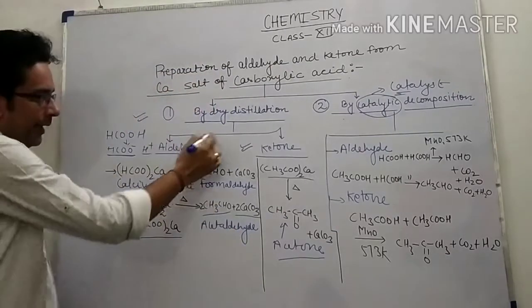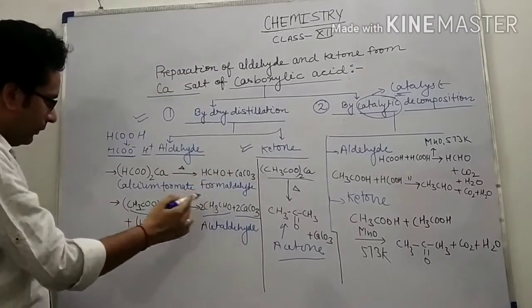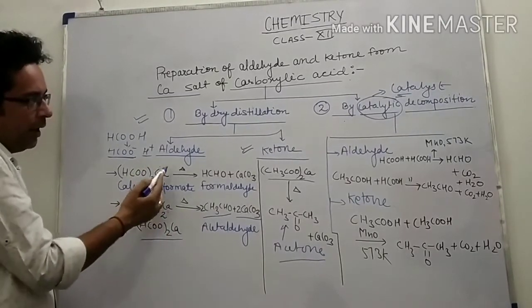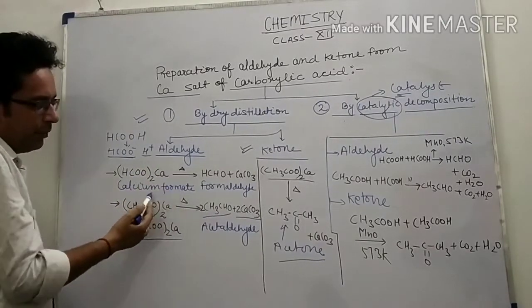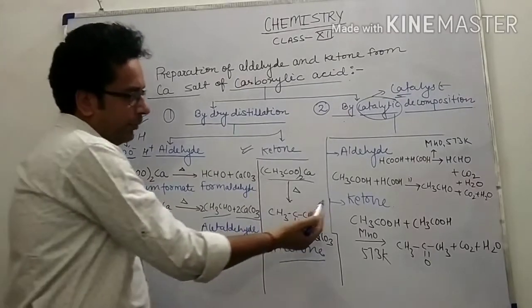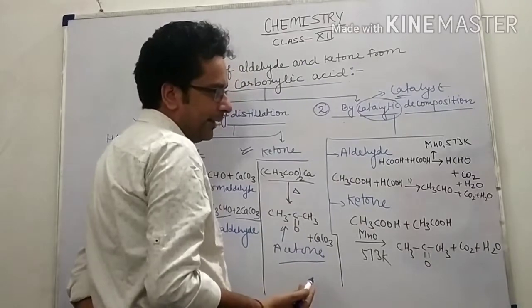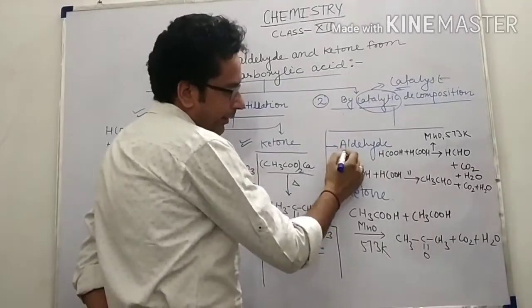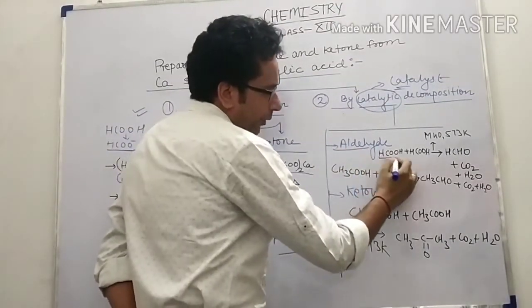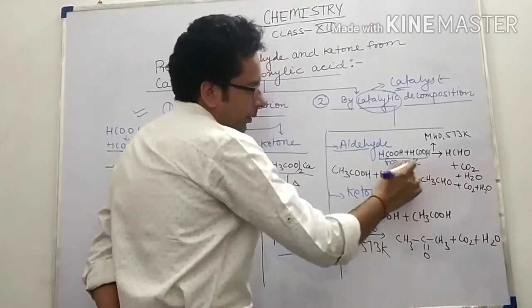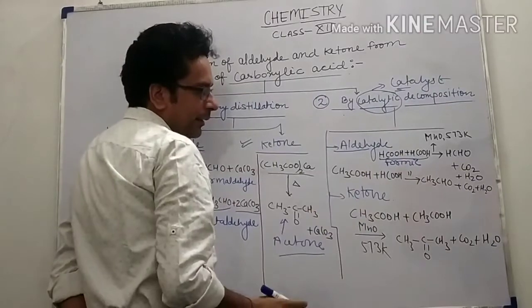In case of dry distillation, we took calcium salt, that is calcium salt of carboxylic acid. Here we have taken only carboxylic acid. Look here, in case of aldehyde, 2 molecules of formic acid.